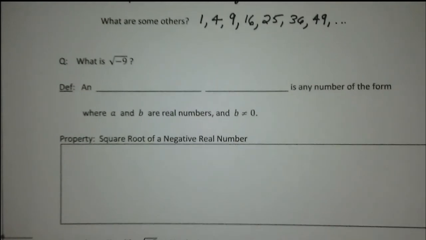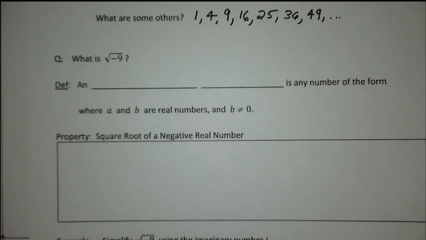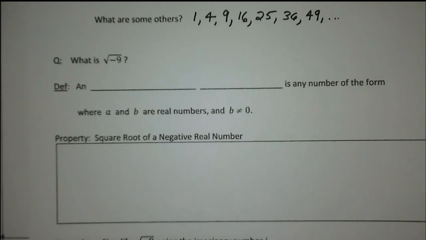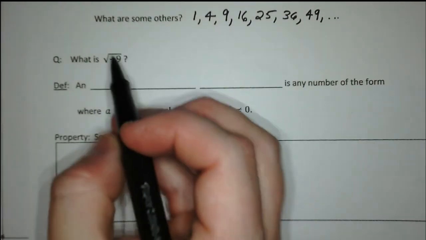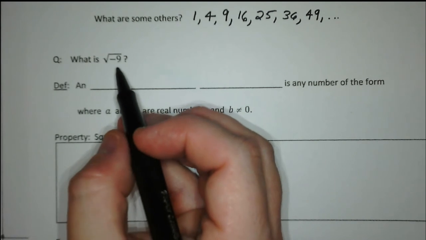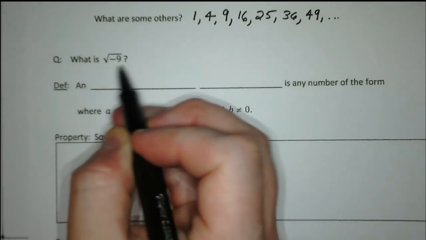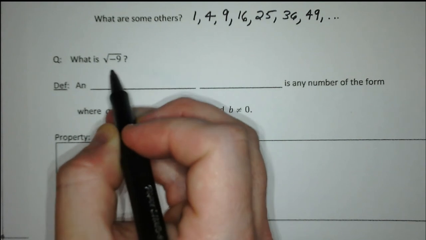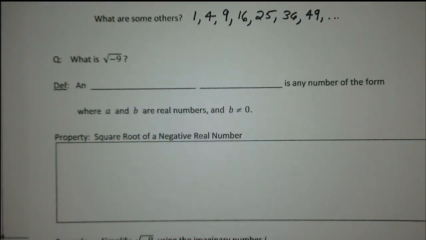But here we go. Enough of the little intro. Let's get down to brass tacks. The reason we're all here right now, participating in this video, is a question like this. What is the square root of -9?